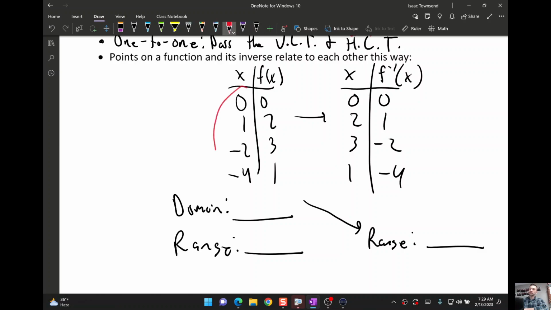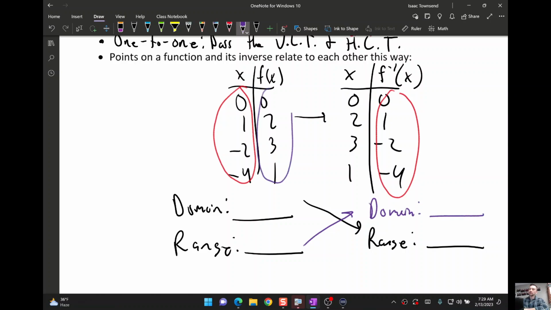Notice these values were the domain, and then they became the range. And the range of the function becomes the domain of the inverse. Range became domain. Possible y's became possible x's. That's just one of the things that happens when you switch those around.